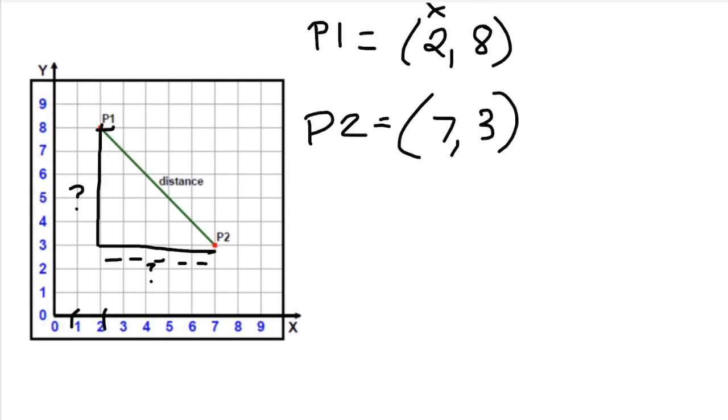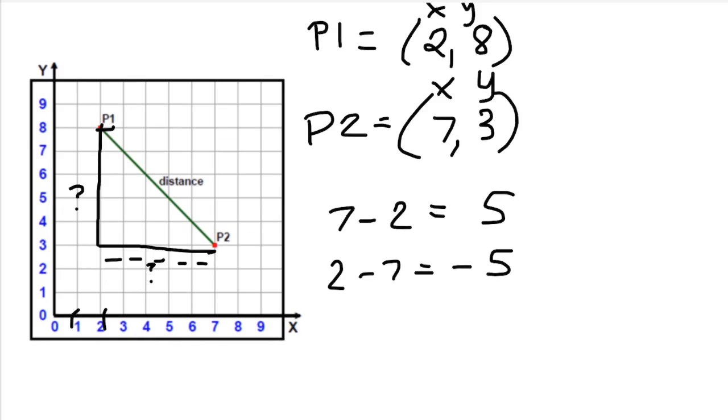So this is x and this is y. This is x and this is y. So we would do, the difference would be 7 minus 2 equals 5. This is our horizontal change. You could do 2 minus 7 equals negative 5.